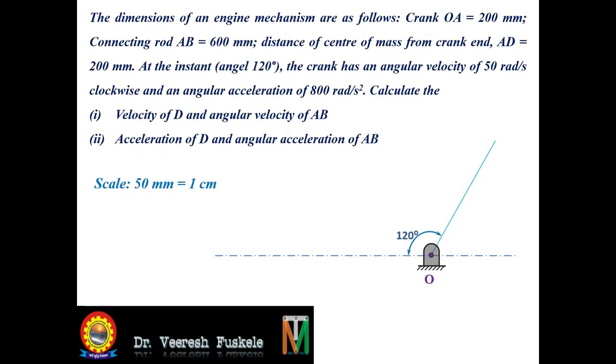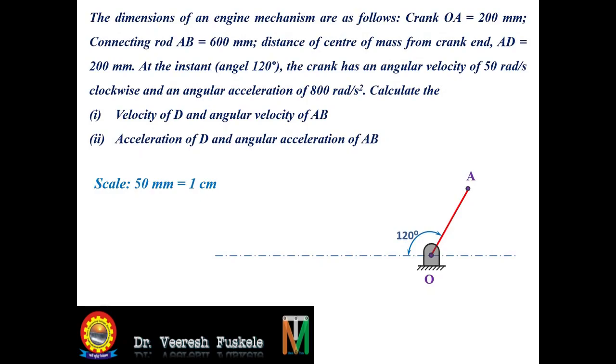So according to the scale taken, the crank OA will be represented by 4 cm. So we will take a distance of 4 cm on our compass and mark a point on this line. So we will get point A and crank OA. Now we have to draw the connecting rod. The other end of the connecting rod, the end B, will be connected to the slider, and the slider will be reciprocating along this axis.